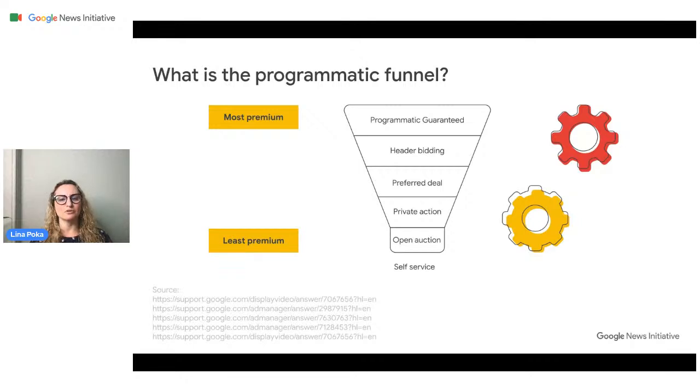Working essentially from the most valuable space with the highest premiums all the way down to the least expensive ads, the funnel is going to incorporate 6 different components. It incorporates programmatic guaranteed deals, which are typically the most premium and the higher price, header bidding, the preferred deal, the private auction, the open auction, and last but not least, self-service, the least premium.